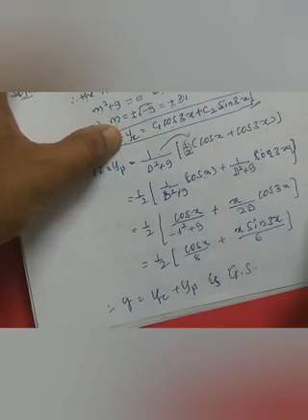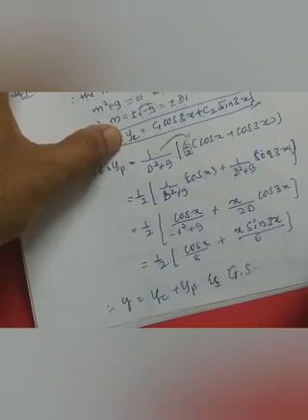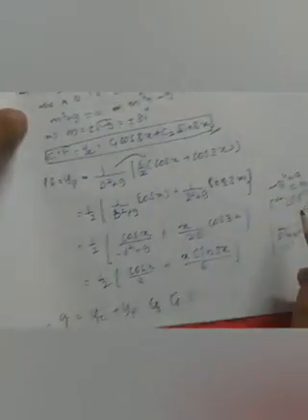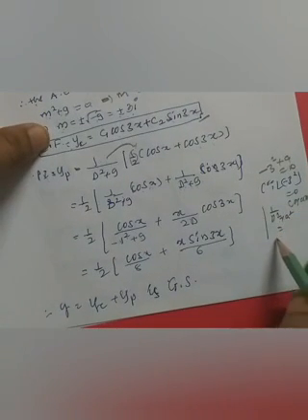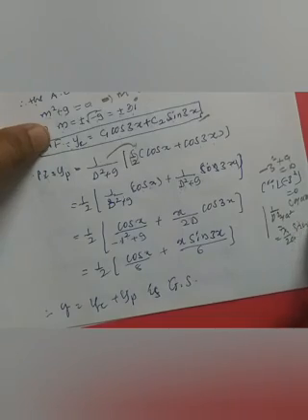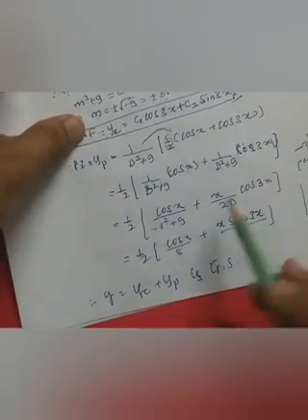Or directly you can use the result: 1 divided by D square plus a square of cos ax is written directly as x divided by 2a times sin ax.